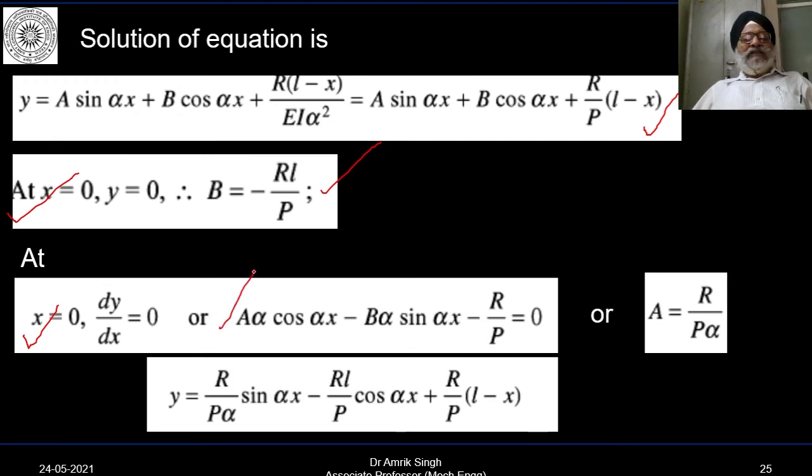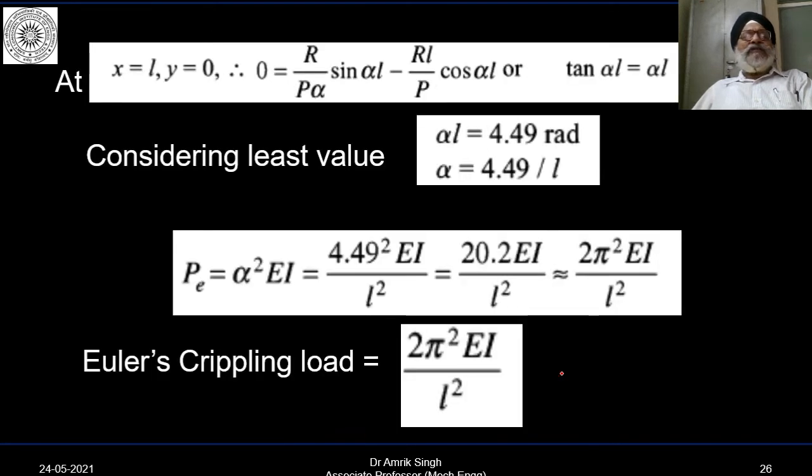So we get a alpha cos alpha x minus b alpha sin alpha x minus R upon P. So a is equal to R upon P alpha. So y is equal to R upon P alpha sin alpha x minus R into L upon P. So we get this as a general solution for this differential equation.